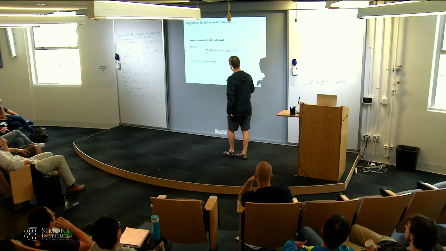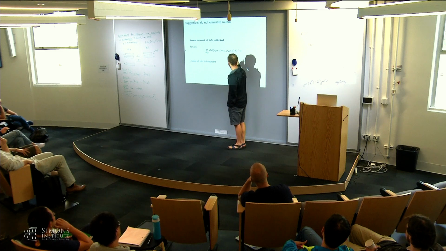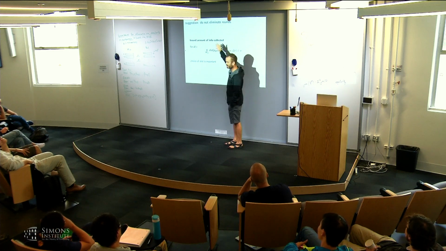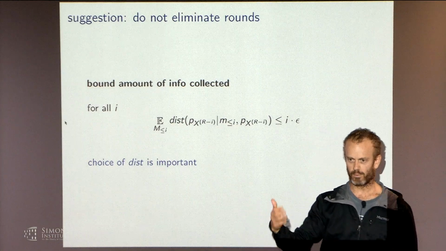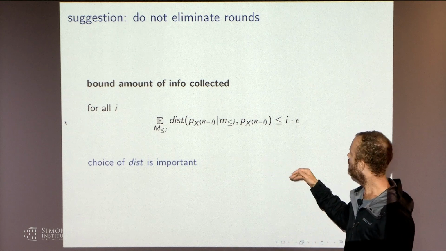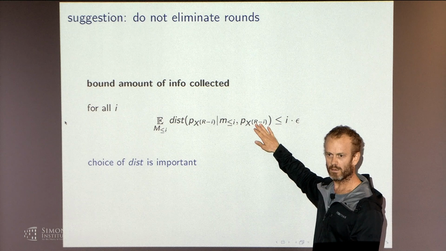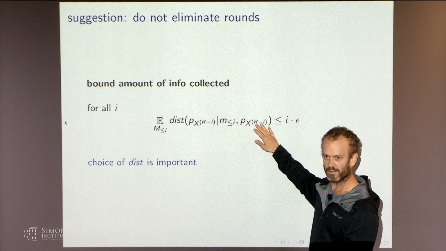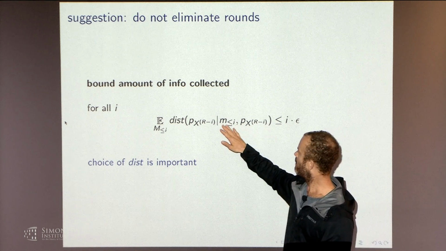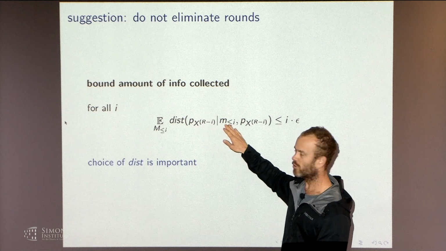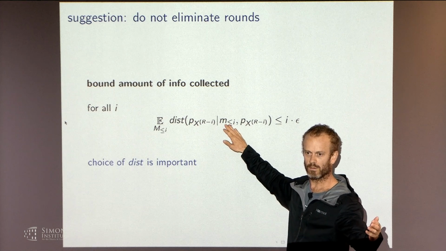So eventually, if we can prove such a lemma, then we will have the distribution on XR, on X0, and the distribution of X0 conditioned on the whole protocol.